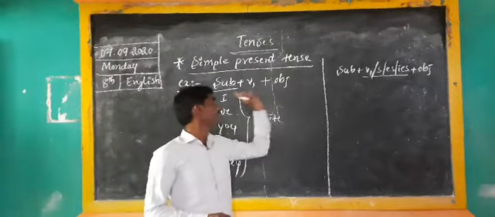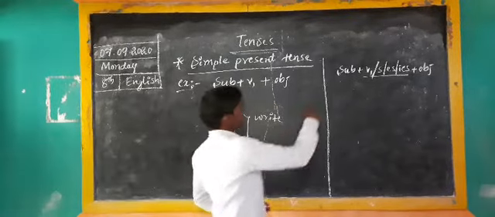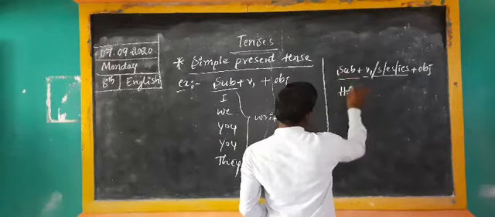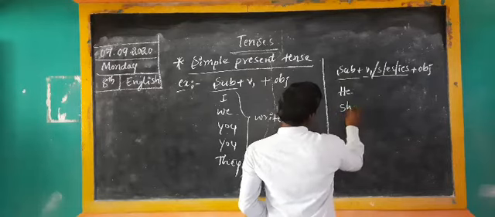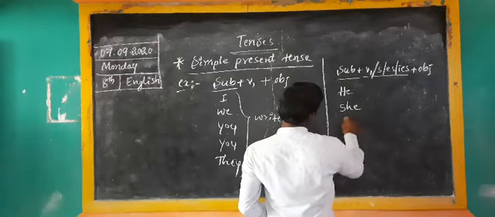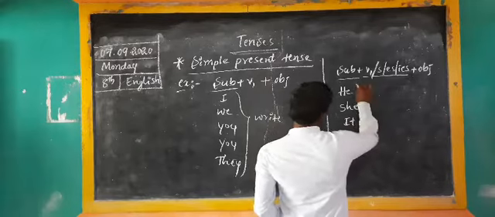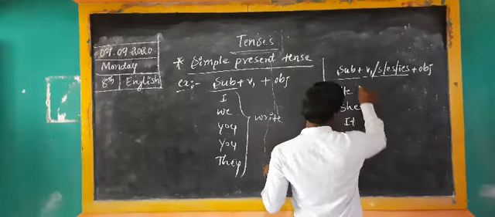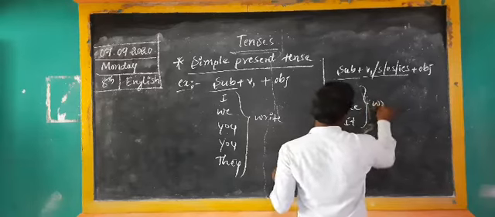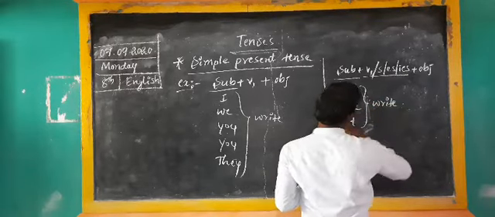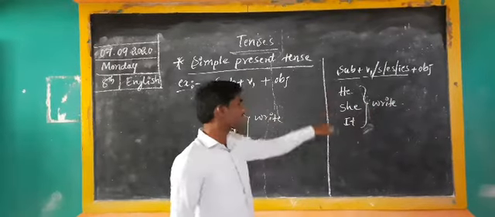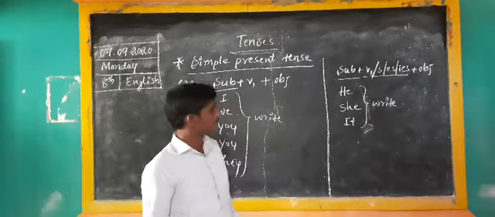In the place of subject, the third person singulars are he, she, it. These are all considered as third person singulars.